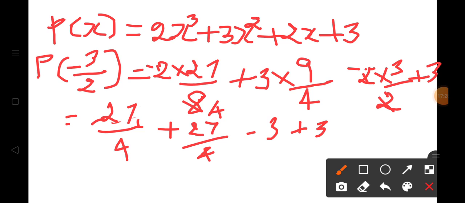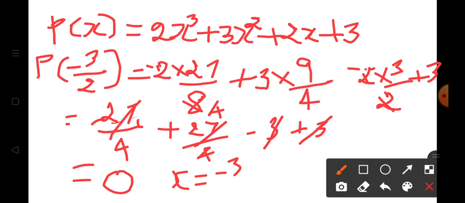Now we cancel the plus 3 minus 3 and minus 27 by 4 plus 27 by 4. So the answer is 0. Now x equal to minus 3 by 2 is the root of this equation.